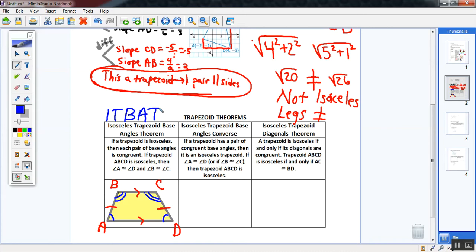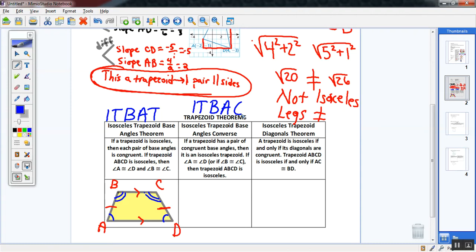Well, there's a converse to that that says if this, it says this. It's the isosceles trapezoid base angle converse. What are you going to call this one? All right, it says if a trapezoid has a pair of congruent base angles.